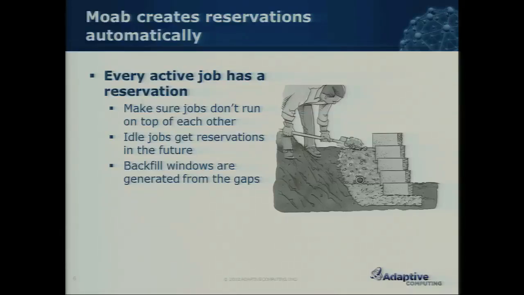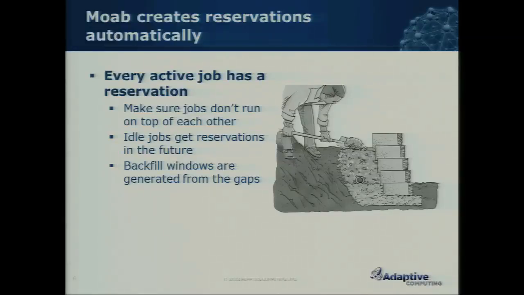So Moab will map the system out into the future in basically a multi-dimensional graph. It's not just 3D because you have more than just processors. You also have memory, you have licenses, you have all these other things that Moab has to map. So it's a multi-dimensional map going out into the future across all the resources on the system.